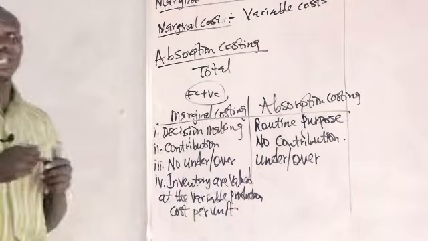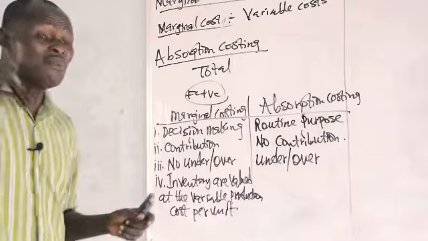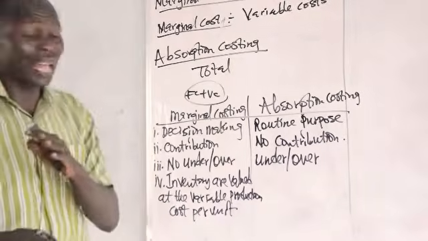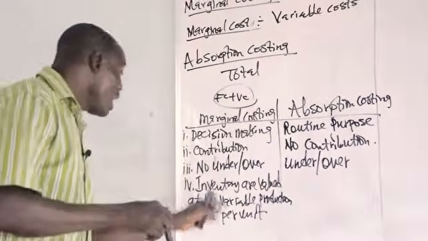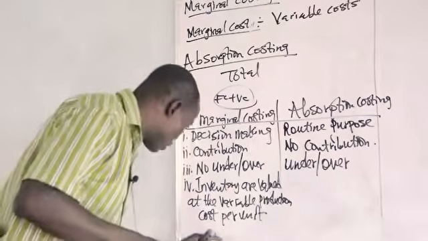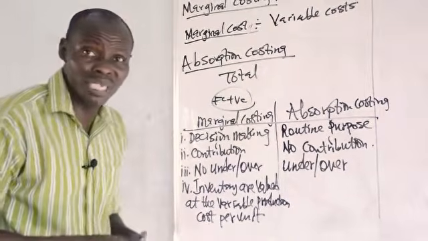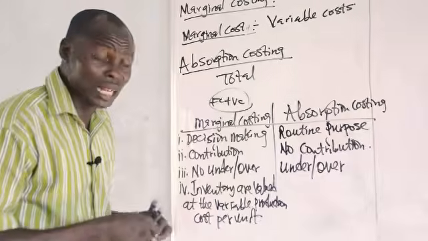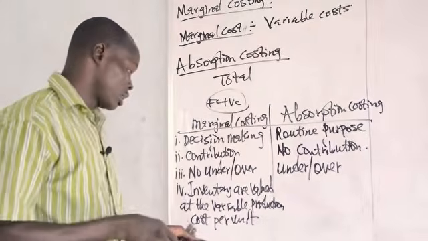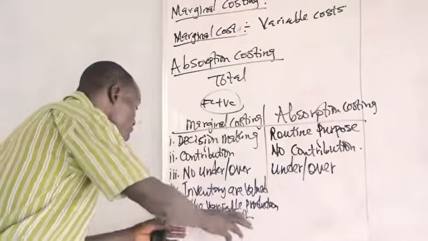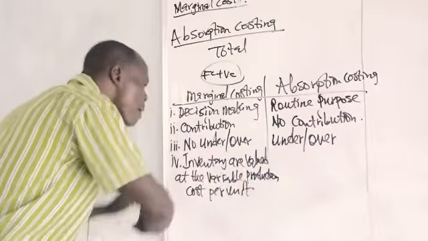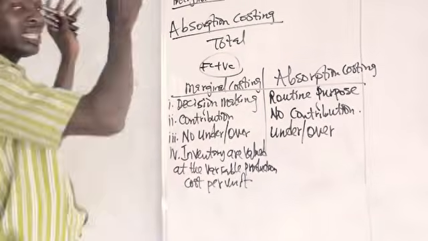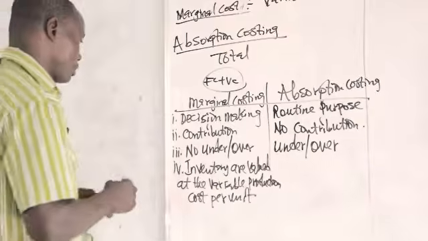Meaning that in valuation of your inventory, only the variable production cost will be considered. You don't consider the variable selling and admin, or the distribution cost. You value your inventory at the variable production cost per unit under marginal costing.